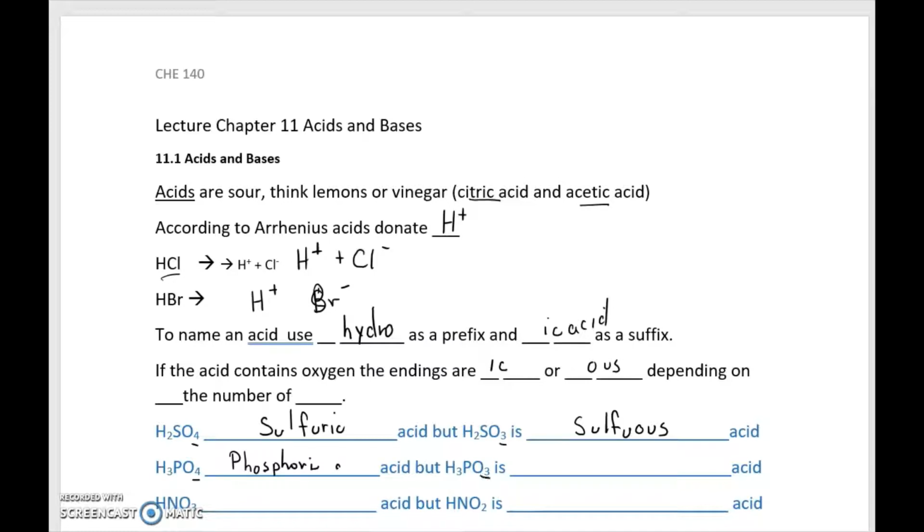But if we have only 3, it'll be phosphorous acid. Nitric acid with 3, but if we only have 2, we have nitrous acid. And each time, the ending is the only thing that is changing, along with the number of oxygens.